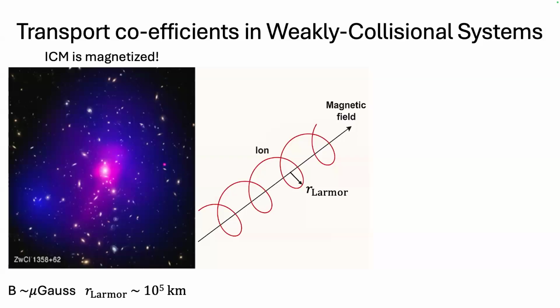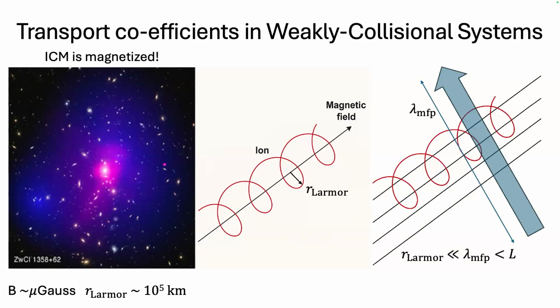And this is the Larmor radius of the ion's gyration. That is pretty small if you consider that the magnetic field strength is about a microgauss in the ICM. And why is that important? That's because this number, which is again much less than 10 kiloparsecs for the ICM, is pretty small compared to the mean free path of these atoms.